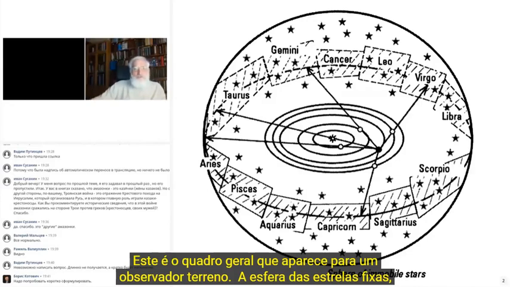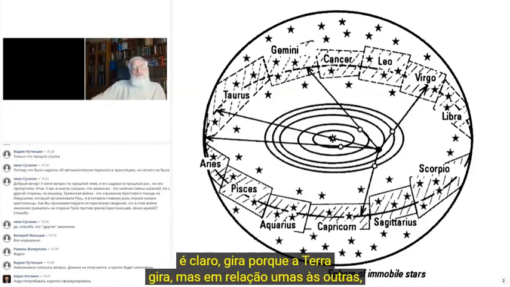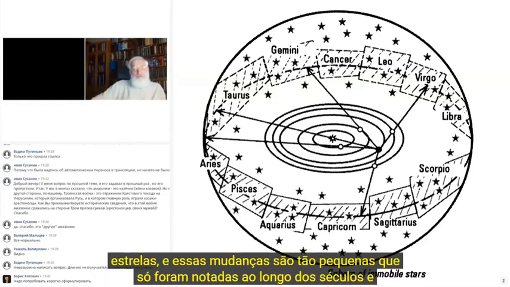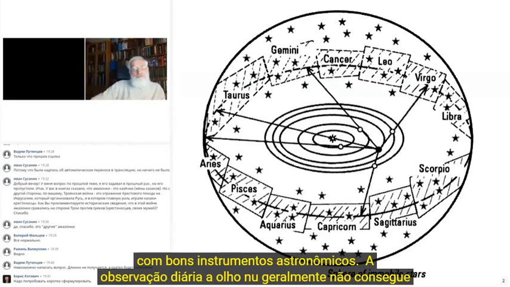The sphere of fixed stars, of course, rotates because the Earth rotates, but relative to each other, the stars do not shift. And if they do shift, these are what we call the proper motions of stars. And these shifts are so small that they were only noticed over centuries and with good astronomical instruments.